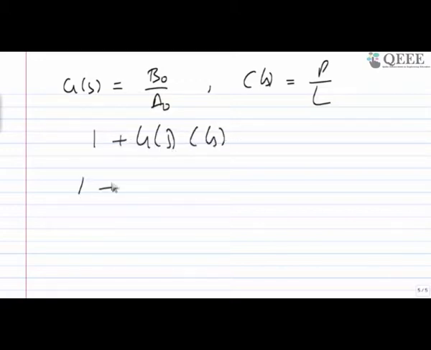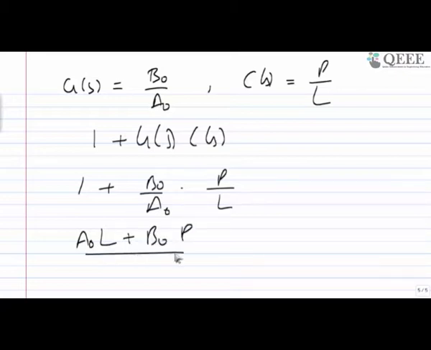So let's write this: 1 plus b naught over a naught times p over l. This gives me a naught l plus b naught p divided by a naught l. Now see that this is in the denominator. So the numerator of this will go into the denominator of the sensitivity function, right? And the denominator of this will become the numerator of those sensitivity functions.